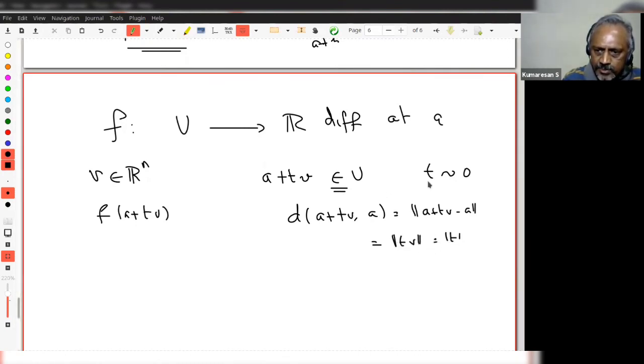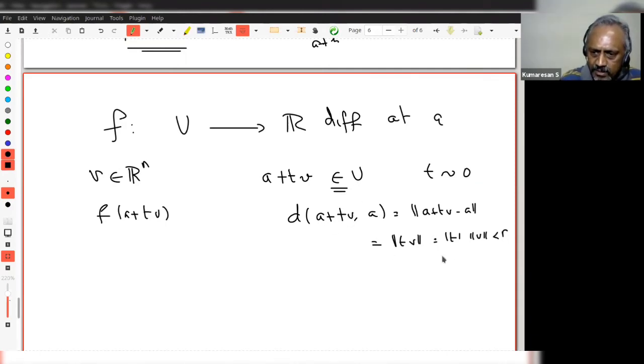Now I am not assuming t is positive. So I have to choose t so that mod t times length of v is less than r, because if the distance between x and a is less than r, then that particular point x is in U. Therefore, a plus tv will be in U.